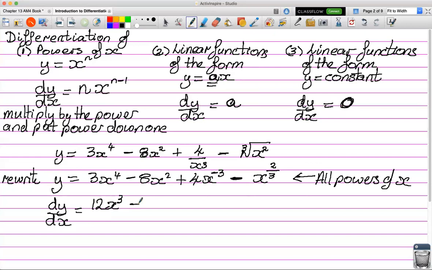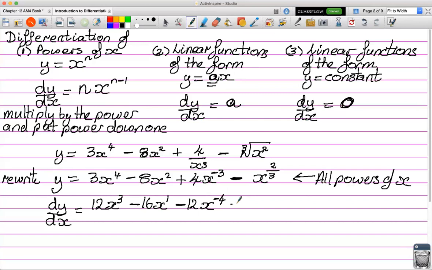Multiply by the power, it's going to be minus 16. Put the power down 1, it's going to be 1. Multiply by the power, it's going to be minus 12. A minus on a plus is a minus. Minus 12. Now be careful. Put the power down 1. When it goes down 1, it goes from minus 3 to minus 4.